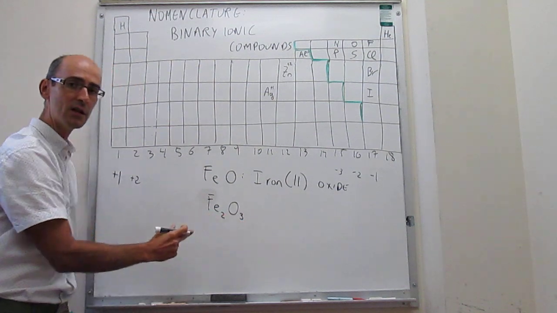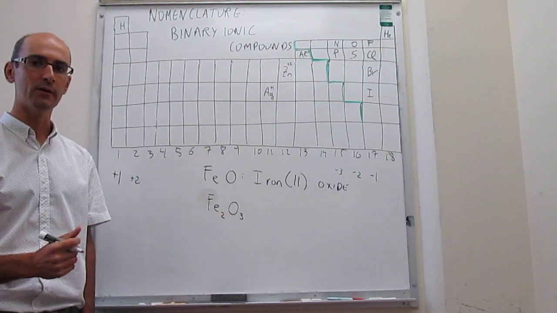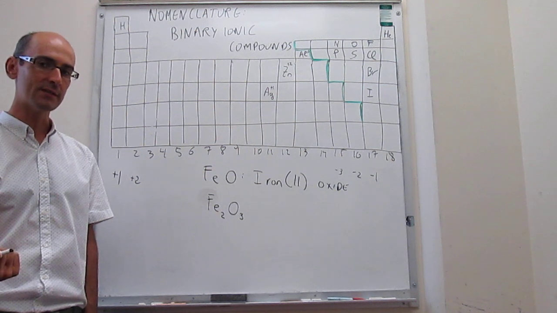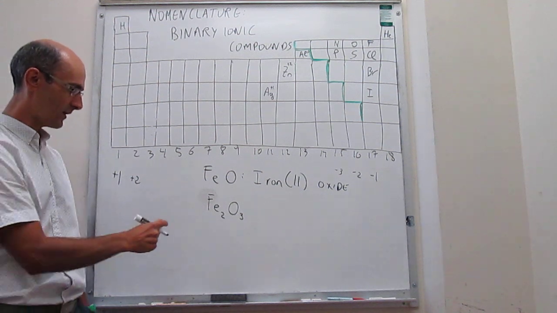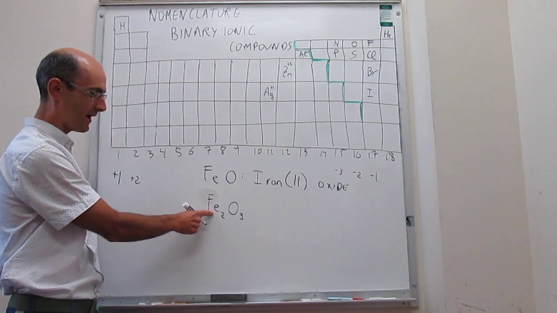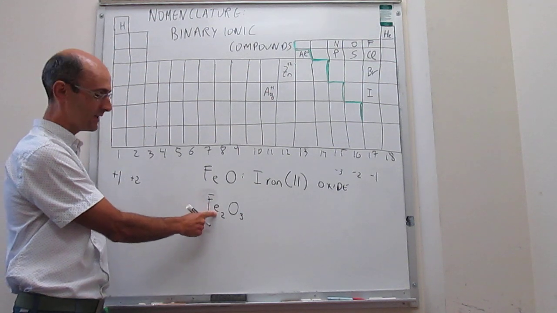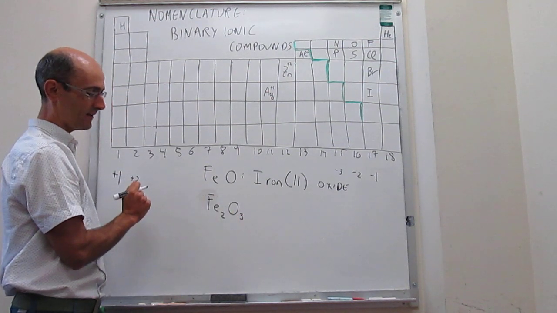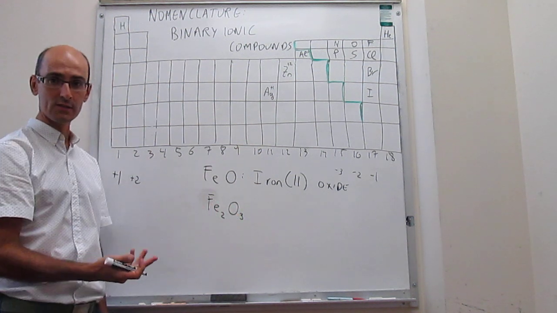These are the smallest whole numbers that give you a charge-neutral compound in which the charge of iron is +3 and the charge of oxygen is -2. Notice that the charge corresponding to the iron atoms will be 2 multiplied by +3, which is +6, and the charge of the oxygens will be 3 times -2, which is -6. So that gives you a charge-neutral species.